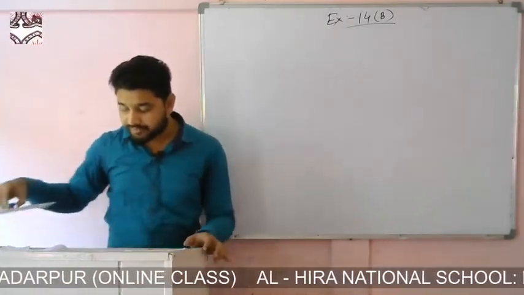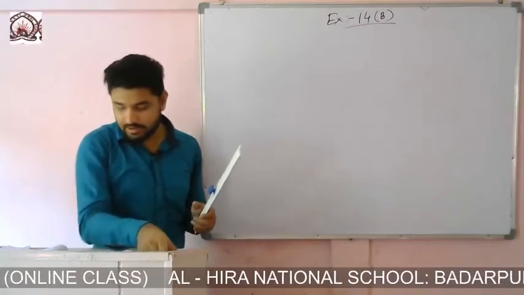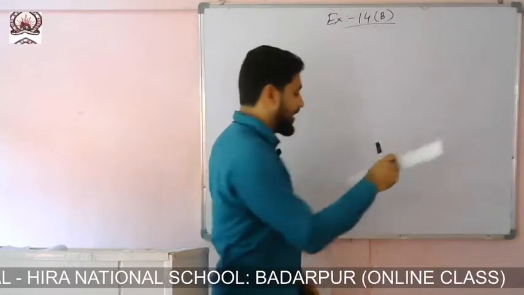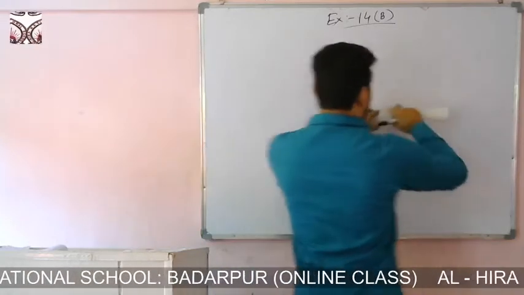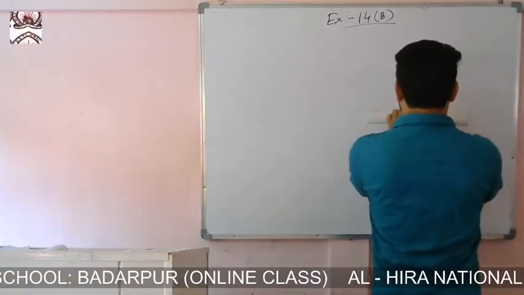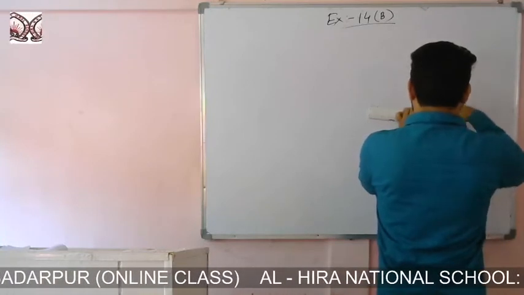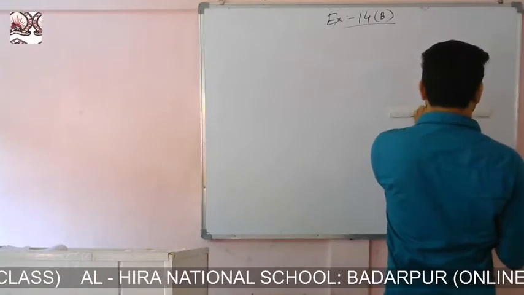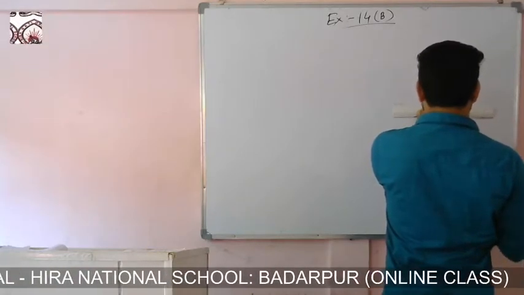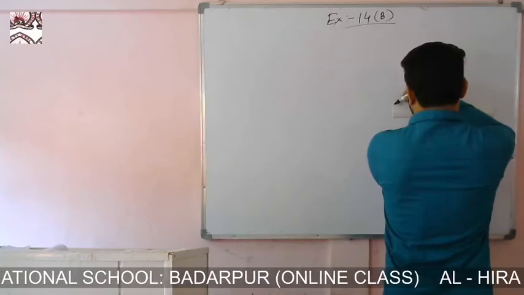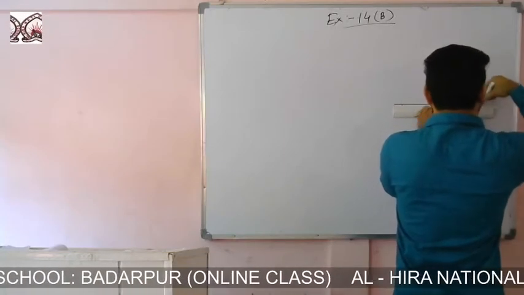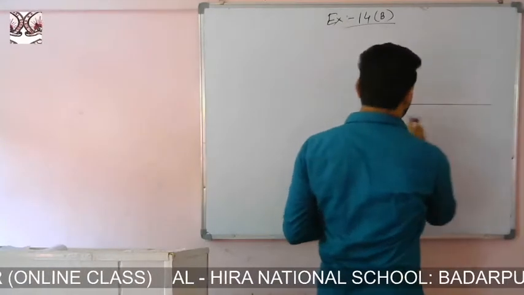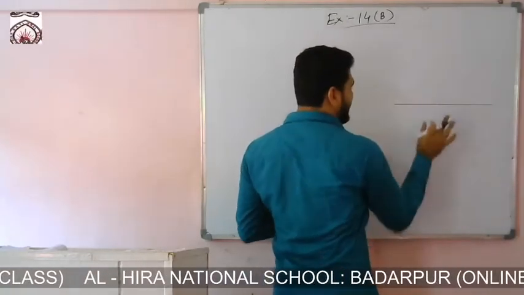So first you draw a line segment AB of length 6.5. Suppose this is a line segment, and I don't know the measure of this line segment.